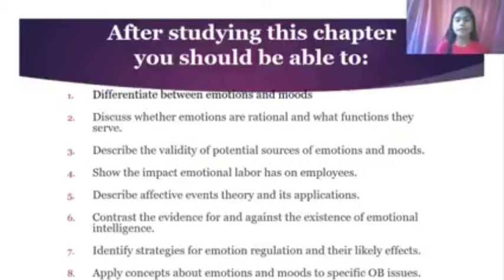Sixth, contrast the evidence for and against the existence of emotional intelligence. Seventh, identify the strategies for emotion regulation and their likely effects. And the last one is to apply concepts about emotions and moods to specific OB, or organizational behavior, issues.